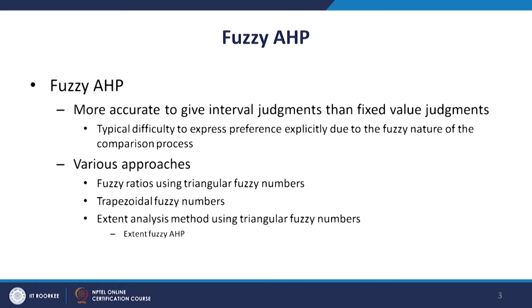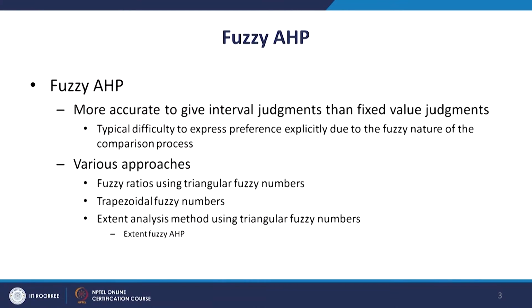So, now let us start our discussion on fuzzy AHP. As we have talked about during our discussion on fuzzy sets, sometimes it is very difficult for decision makers to give exact comparisons, exact preferences in a quantitative fashion, right.